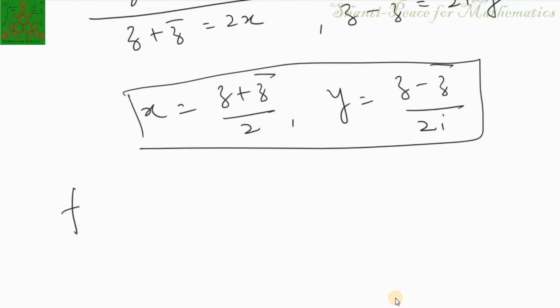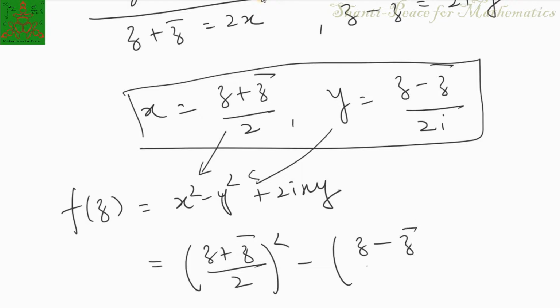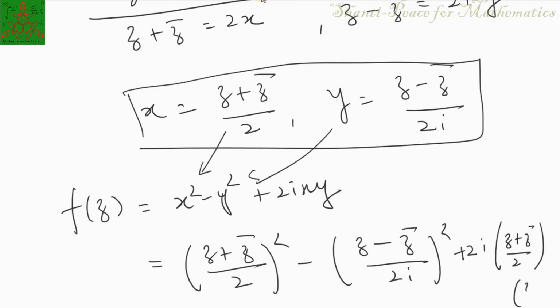For example, what is given, f of z is x square minus y square plus 2ixy. Now I am just substituting this value of x here, this value of y here. So we'll have ((z plus z bar) by 2) square minus ((z minus z bar) by 2i) square plus 2i times (z plus z bar) by 2 into (z minus z bar) by 2i.